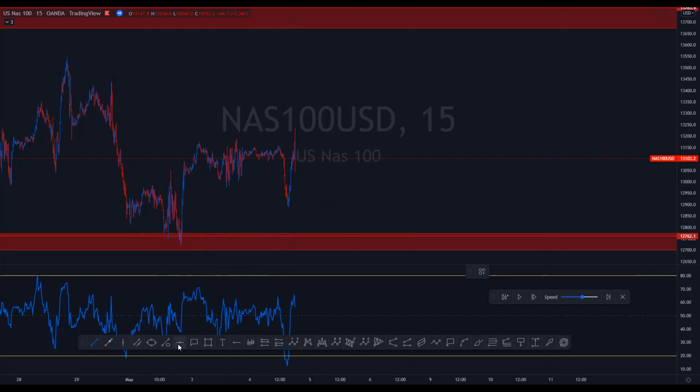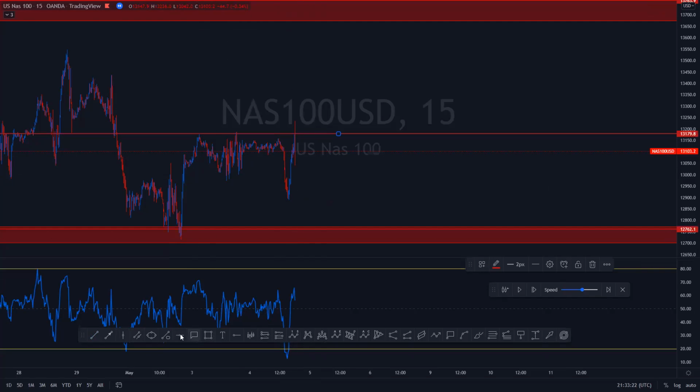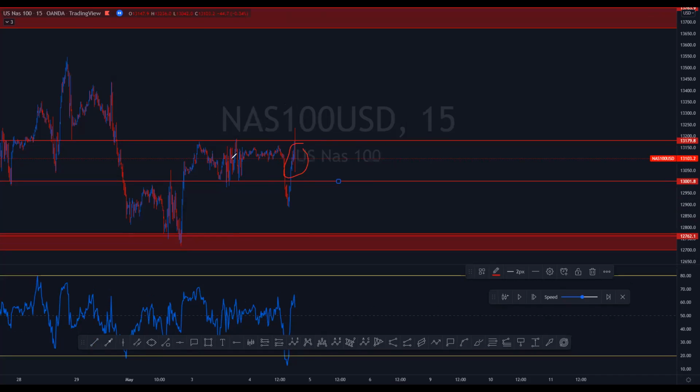If you put a horizontal line here and here, price kind of did break out, but it was almost like a fake out. Price hasn't really broken past these lines yet. So I really look at this as consolidation.